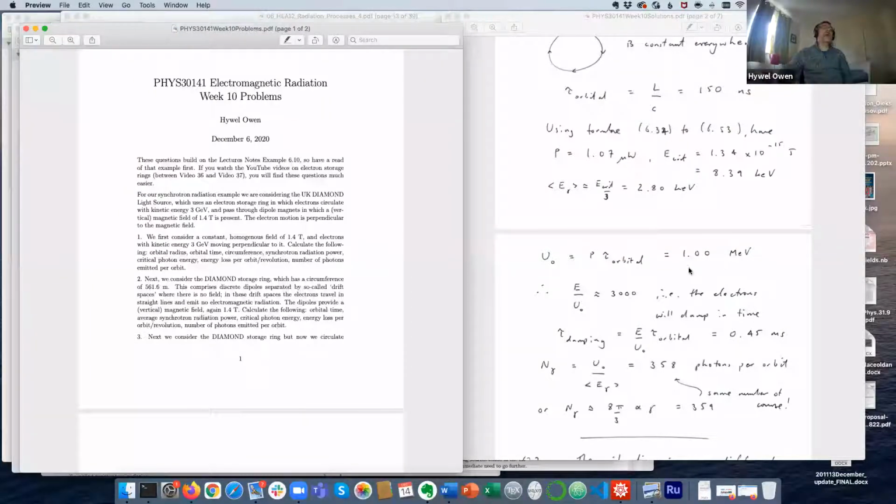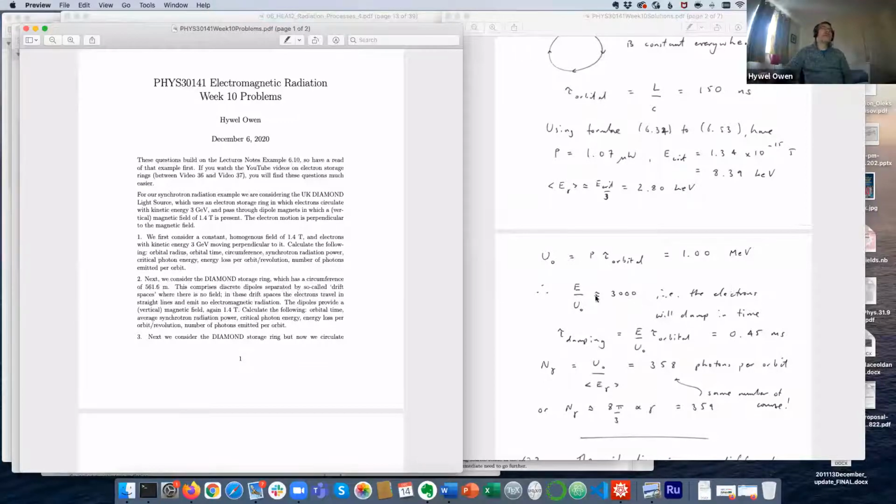So the energy fed in, the RF voltage, which is effectively delivered to the electrons, re-accelerating them, must be equal to U0. Okay, so U0 is an energy in MeV, but the voltage must be 1 megavolt, in volts, so that the energy delivered to each electron when passing through that voltage is obviously equal to QV, where Q is the electronic charge.